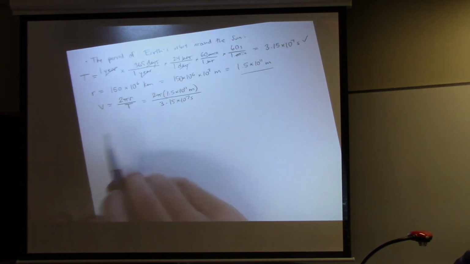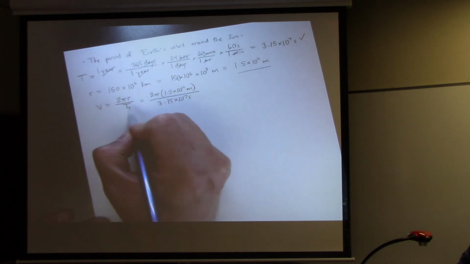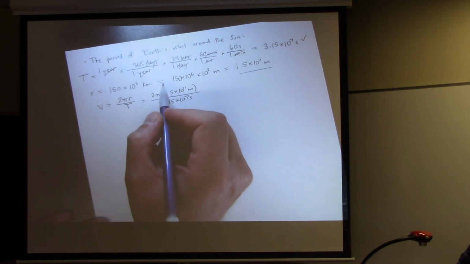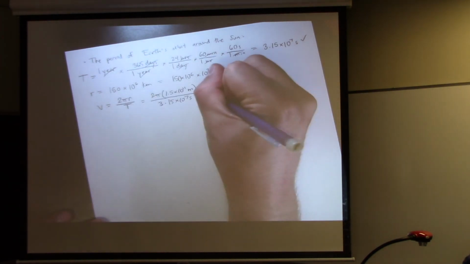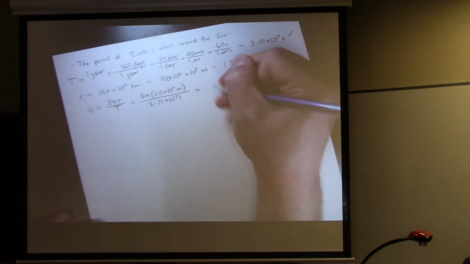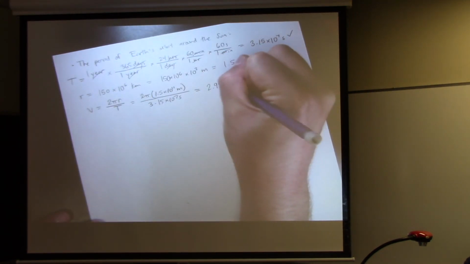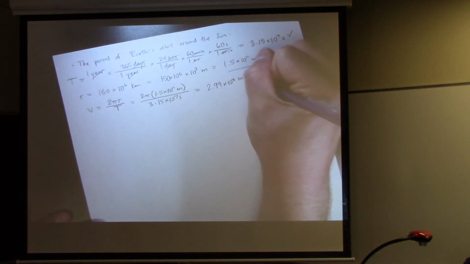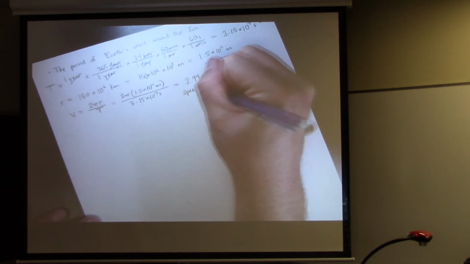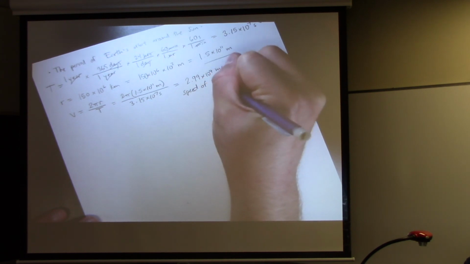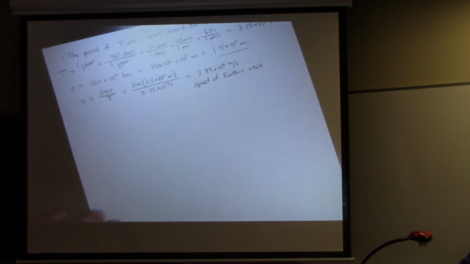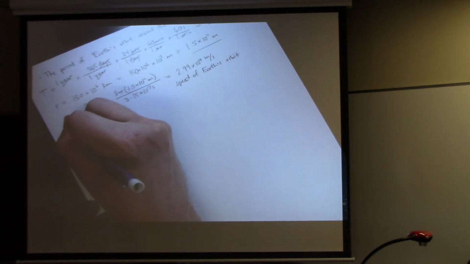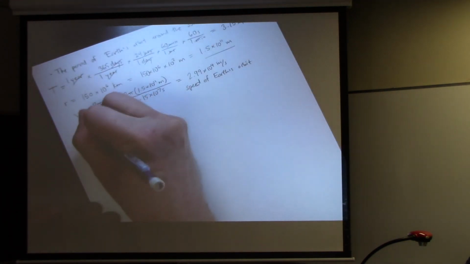Again, what we're saying here is it takes this many seconds to travel in one full circle around the Sun, and the speed is therefore going to have to be, if you calculate this, 2.99 times 10 to the 4th power meters per second. That's the speed of Earth's orbit. So that's an absolutely ridiculous speed. Very, very large.